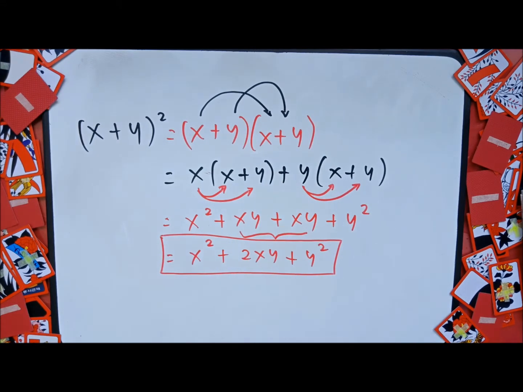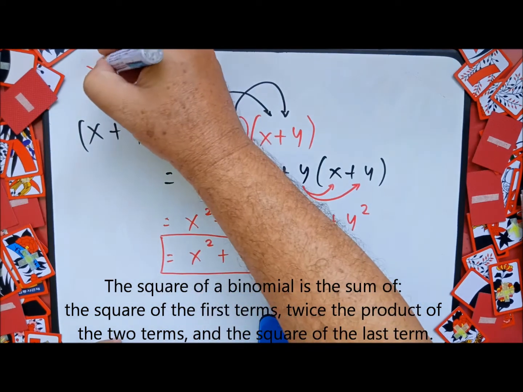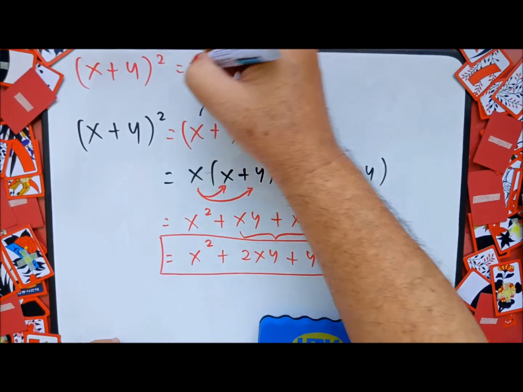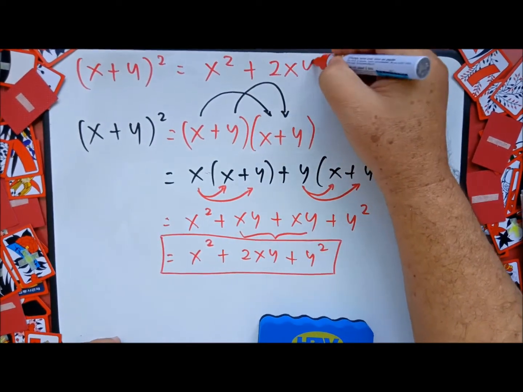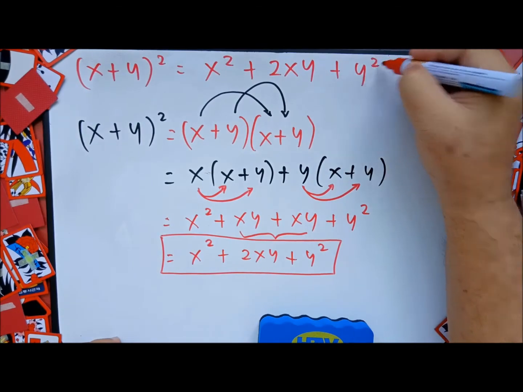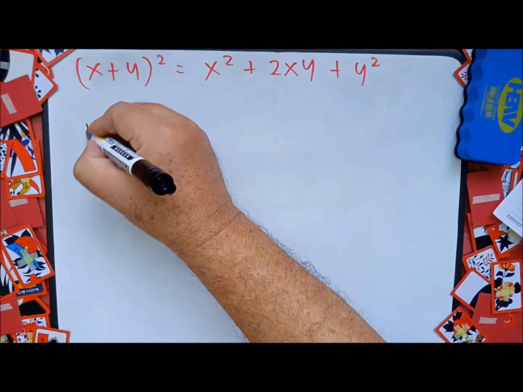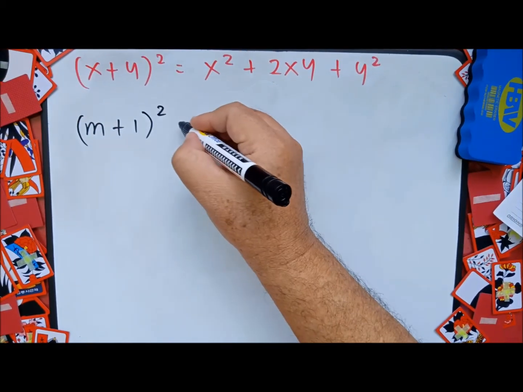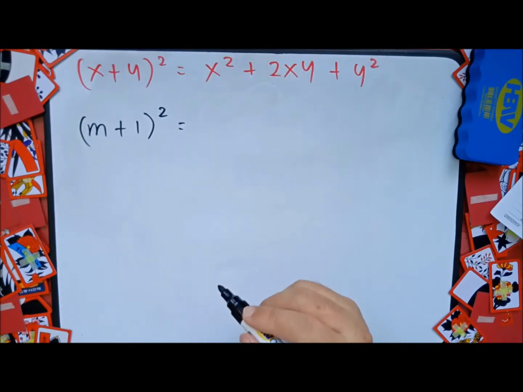Okay, let's try. I will copy this: (x + y) squared is equal to x squared plus 2xy plus y squared. Okay, (m + 1) squared. This will become what? (m + 1) times (m + 1).